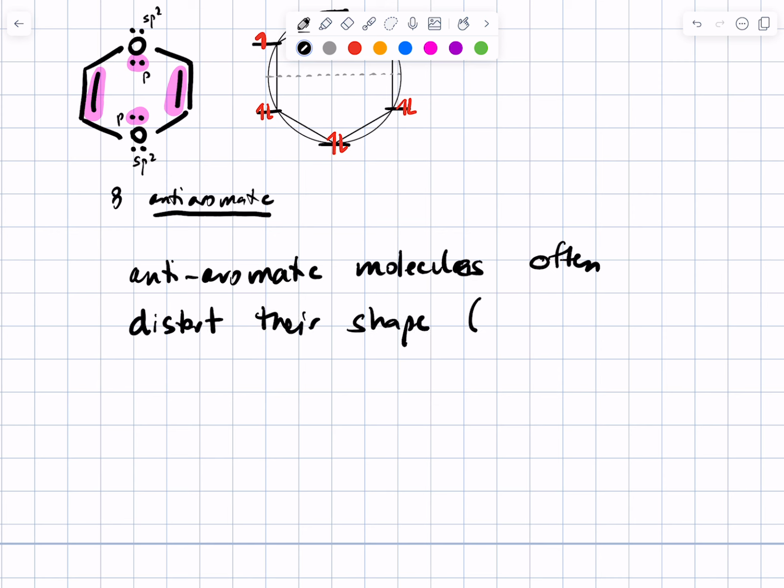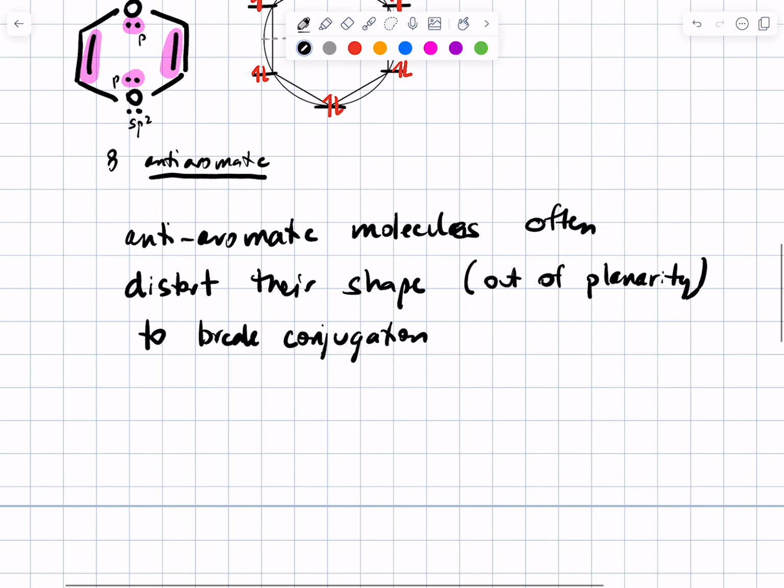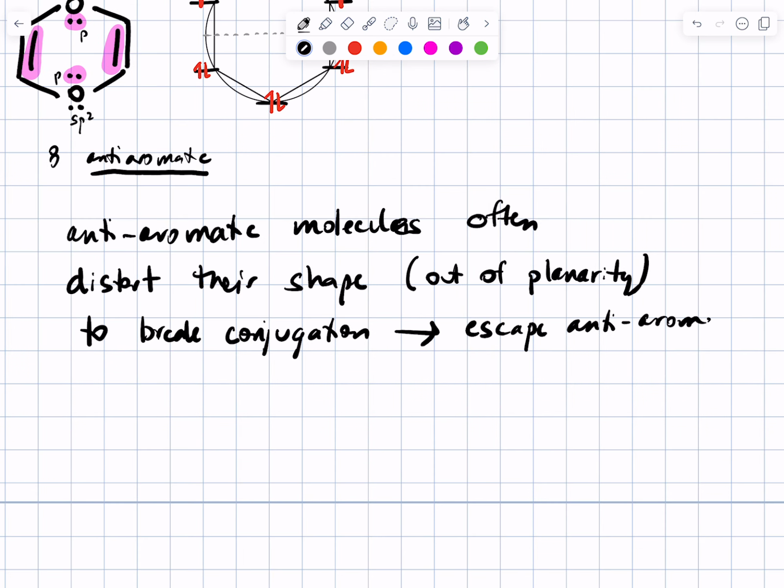They distort their shape, often out of planarity, with the goal of breaking conjugation, because to be conjugated, all the p orbitals have to line up parallel to each other. So if they can distort their shape to break that, then they will escape anti-aromaticity, and they will just be not aromatic.